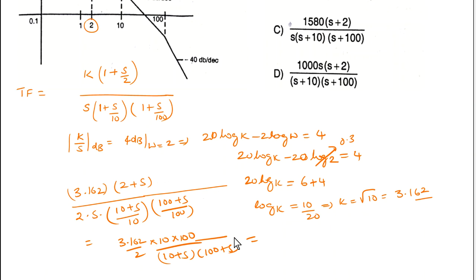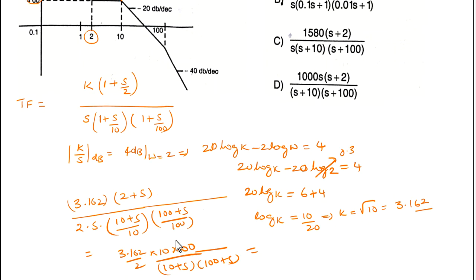By solving this equation, you get 1580 into 2 plus s divided by s into this value. So C is the right answer for this question here.